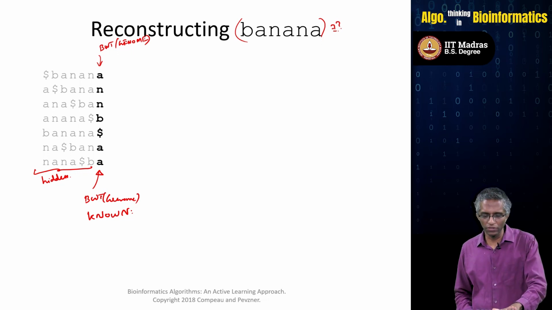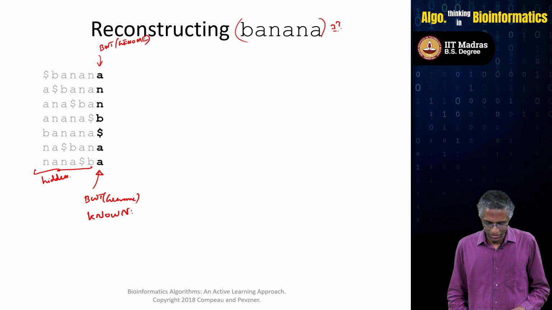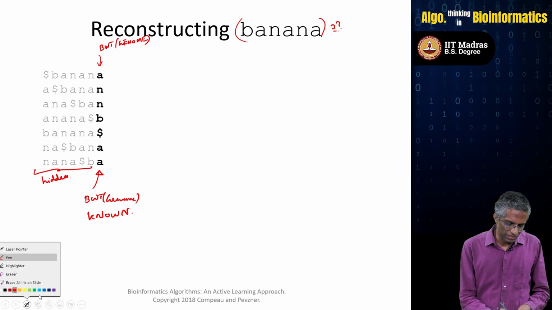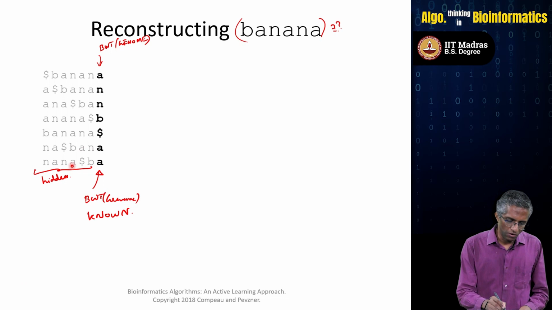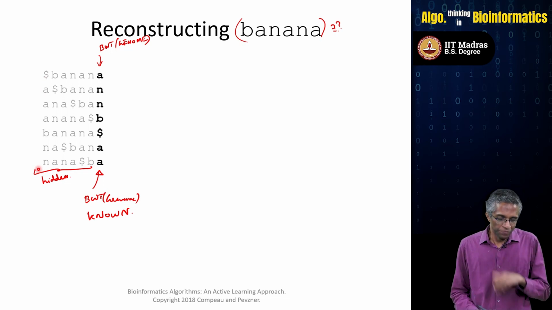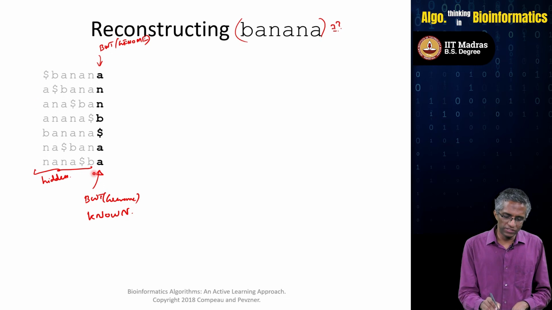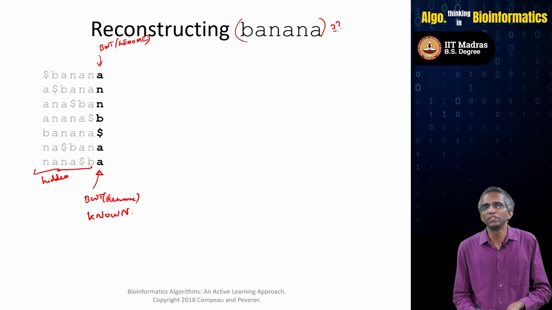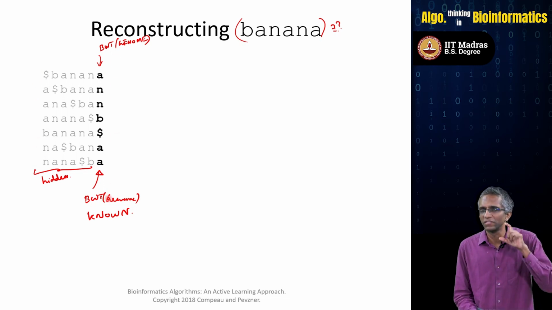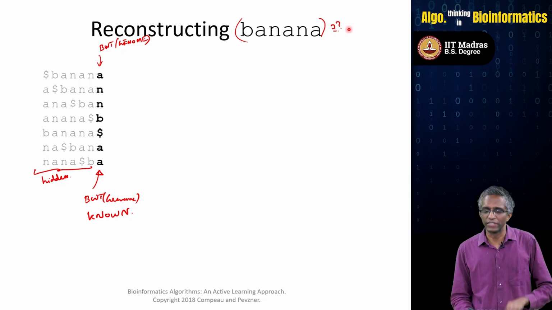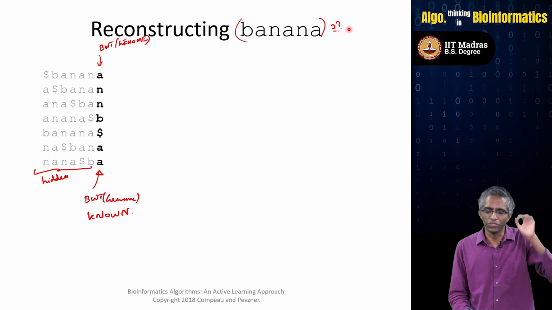I mean, currently all of these are hidden, right? So all but the last columns are hidden, right? So all of these columns are hidden. But using this last column alone, can I get the first column? Remember that this matrix is the lexicographically sorted cyclic rotations of whatever the genome is that we don't know currently, but some unknown genome.